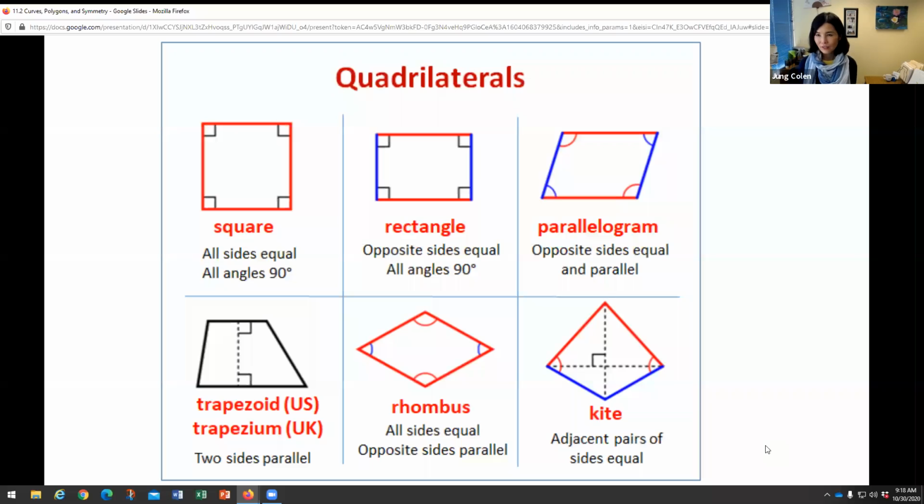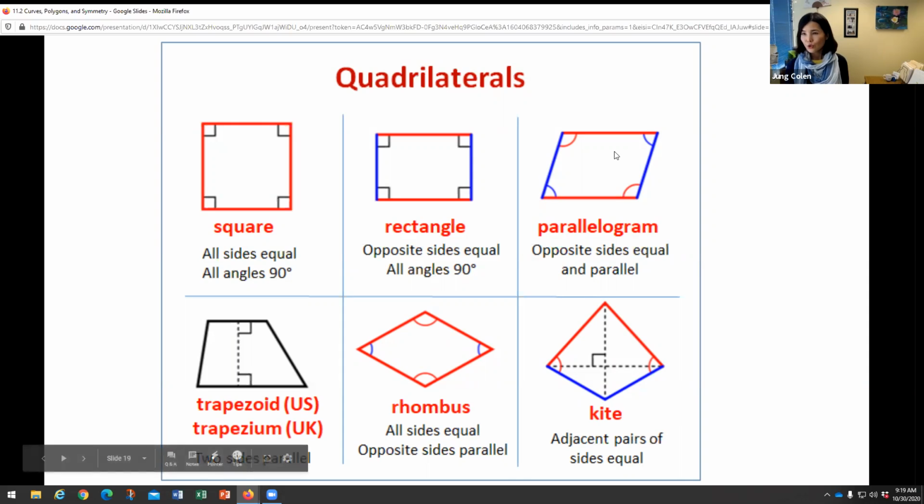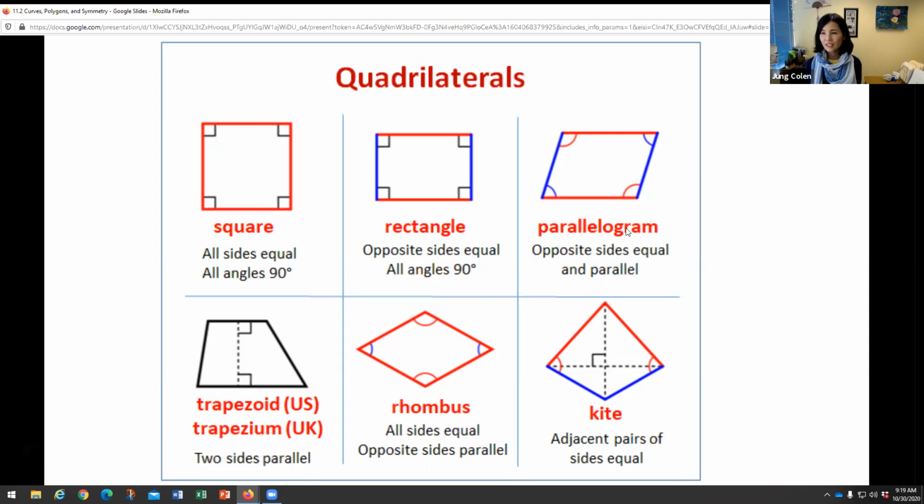To be a rectangle, you need to have all angles be 90-degree angles, right? How about parallelogram? You need to have two pairs of parallel sides. The opposite sides are equal and they are parallel. So this pair is equal in length, right? They are congruent and parallel. And this pair is congruent and parallel.